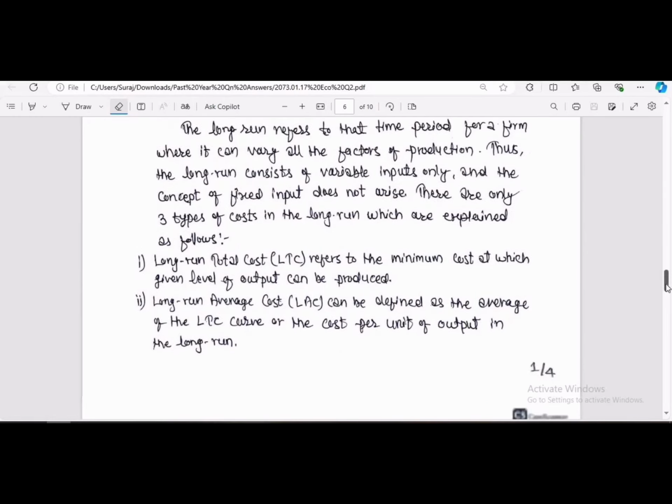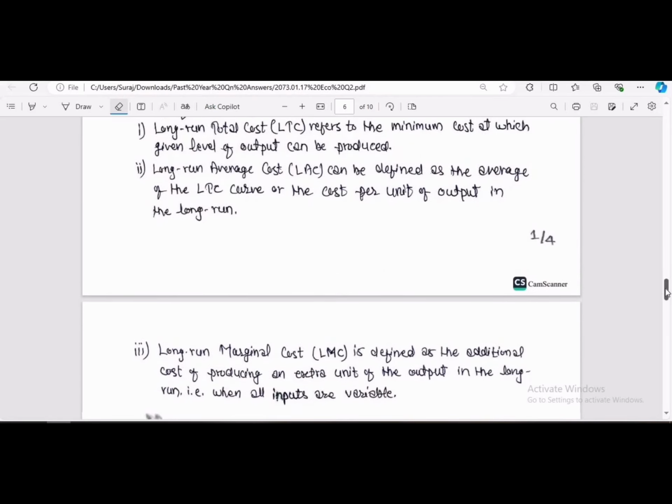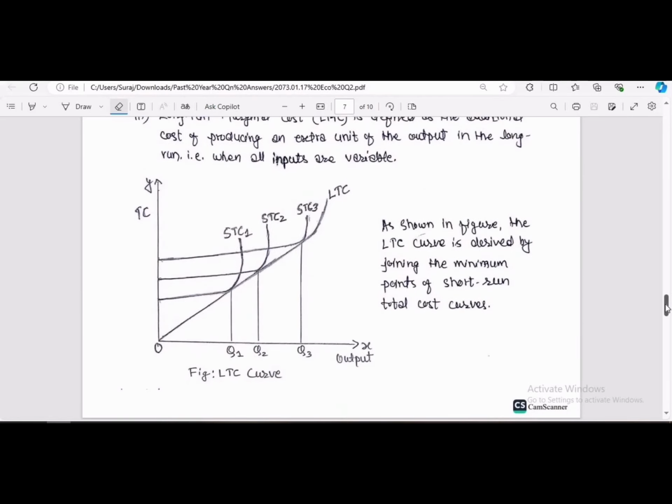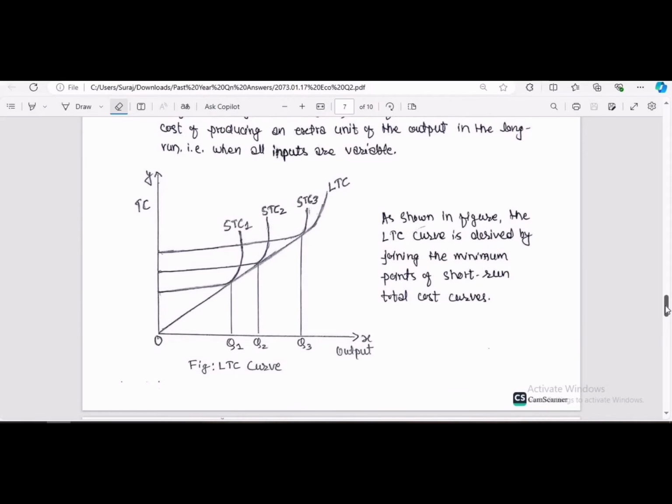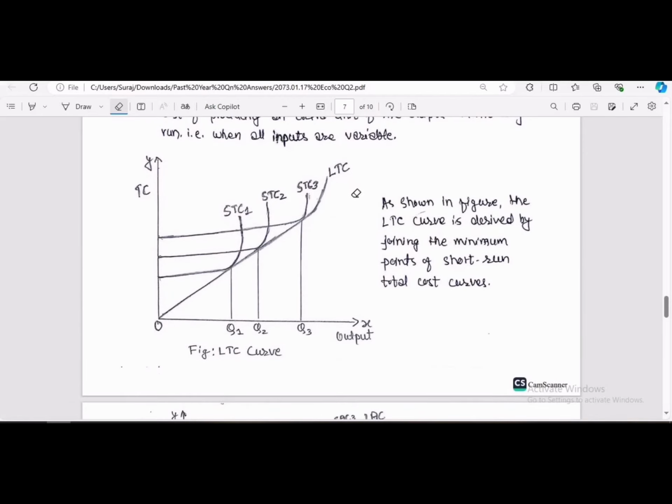Now deriving all these cost curves into the diagram, at first there is the long run total cost curve. In this figure we can see short run total cost curve 1, short run total cost curve 2, short run total cost curve 3, and by adjoining the minimum point of these short run total cost curves we can get the long run total cost curve.